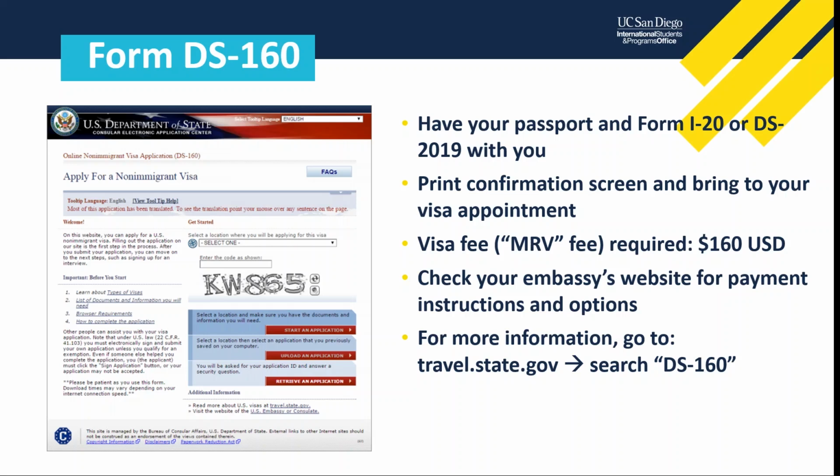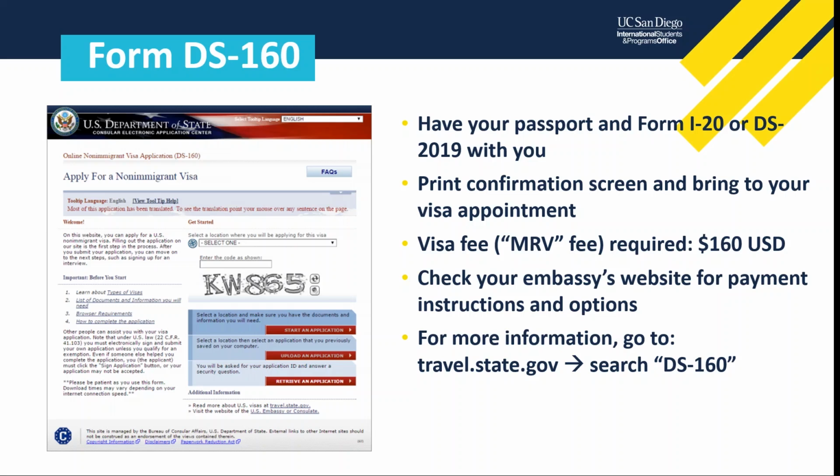This information is located on your Form I-20 or Form DS-2019. You may put down the name of the international student advisor who issued your document. If you are bringing dependents with you, for example, a spouse or a child, you can add their information to this application. Once your application is complete, print your confirmation page to bring with you to your visa appointment.